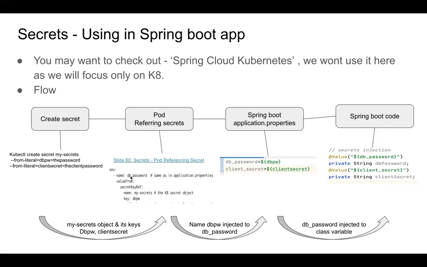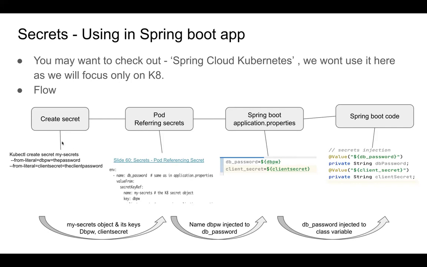When this is all done, you will have an environment variable with the db_password name and the value will be the password. The same thing I will be using below also. I will show you the pod YAML.